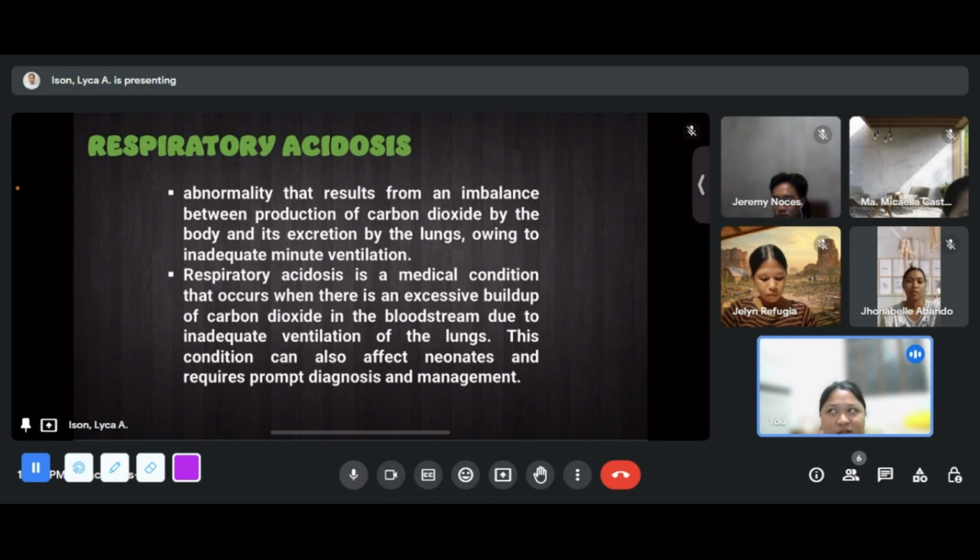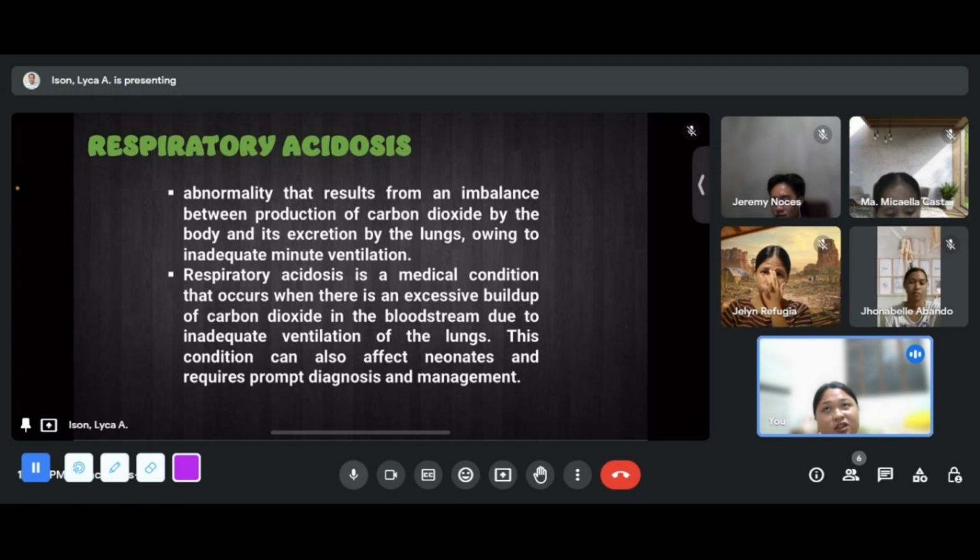So this respiratory acidosis in infants can occur when their lungs are not able to remove enough carbon dioxide from their body, resulting in an increase in the concentration of carbonic acid in the blood and a decrease in blood pH.